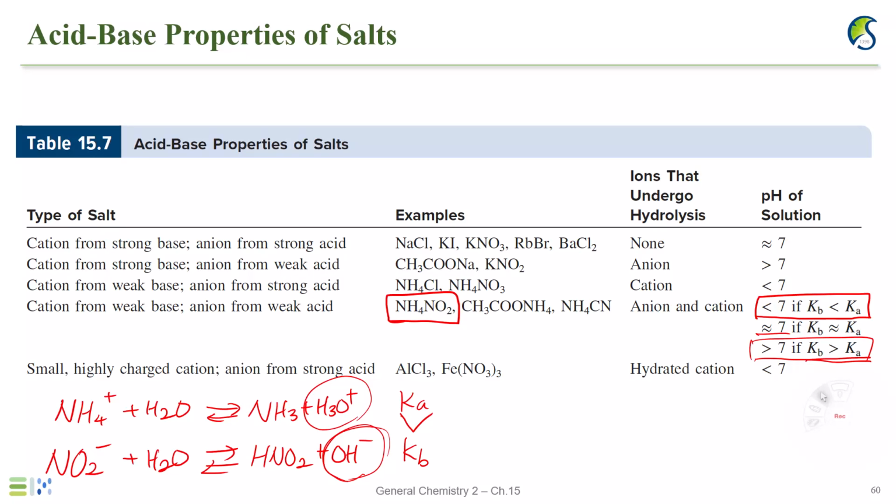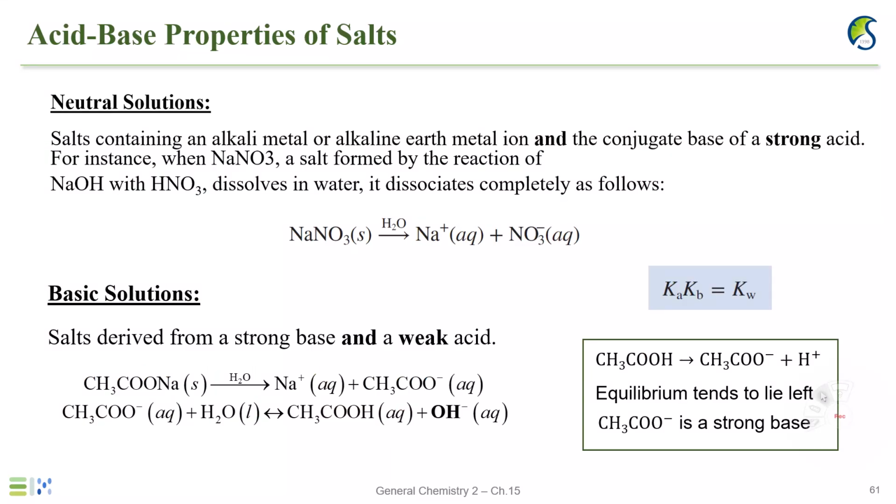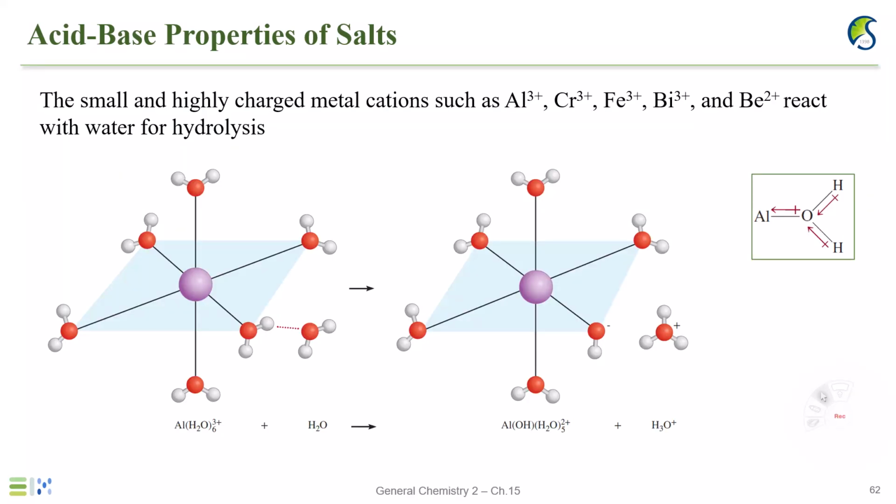And the last example is a special example where small and highly charged metal cations such as aluminum 3 plus, iron 3 plus, chromium 3 plus, bismuth 3 plus, all these small, high oxidation state metal cations, can react with water to generate H3O plus.